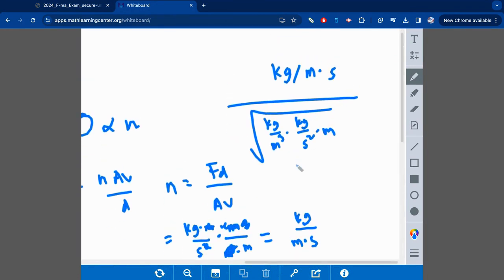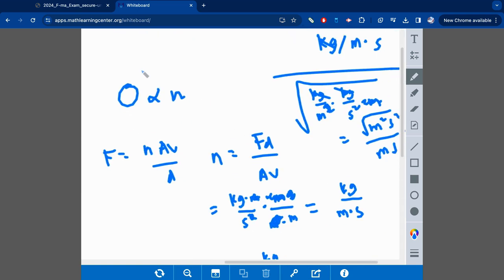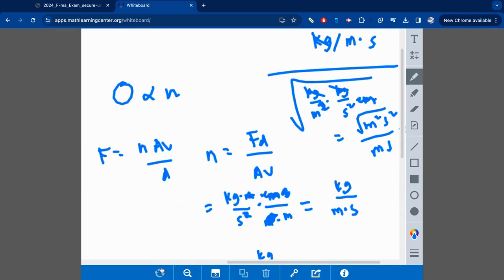Okay, so if you plug these in, you see that mass cancels out. This becomes meters squared, so it just becomes this over this, which goes to 1. So we see that there are no dimensions left, which is why E is our answer.